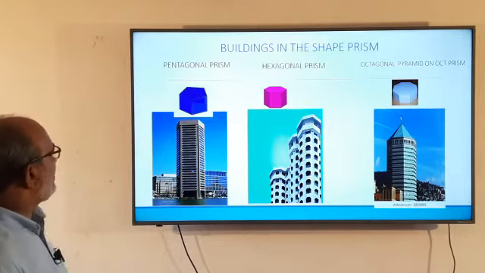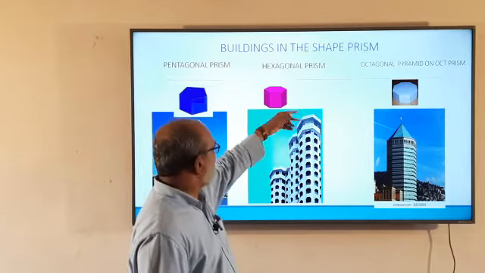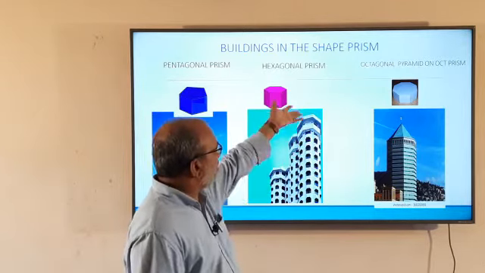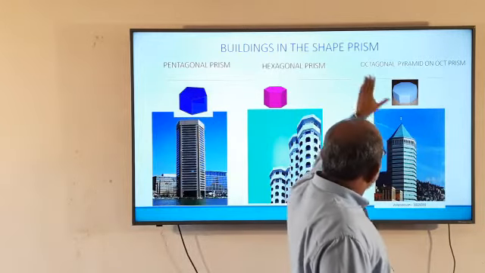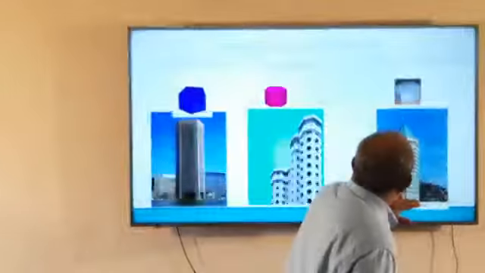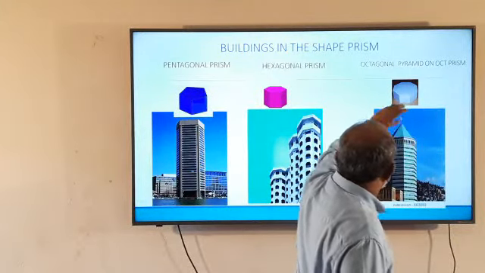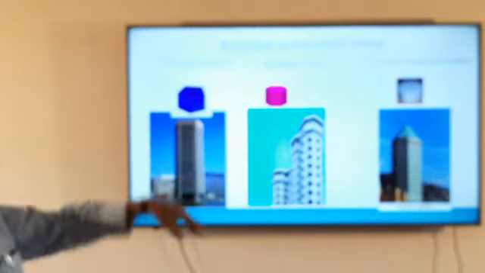So, a pentagonal prism-like. It's a hexagonal prism, you can see 6 faces, okay. You can see 1, 2, 3 on this side, 4 you can see on the other side. Here, you see, it's an octagon building, but here an octagonal pyramid is also placed on that. So, it's an octagonal pyramid on an octagonal prism, okay.